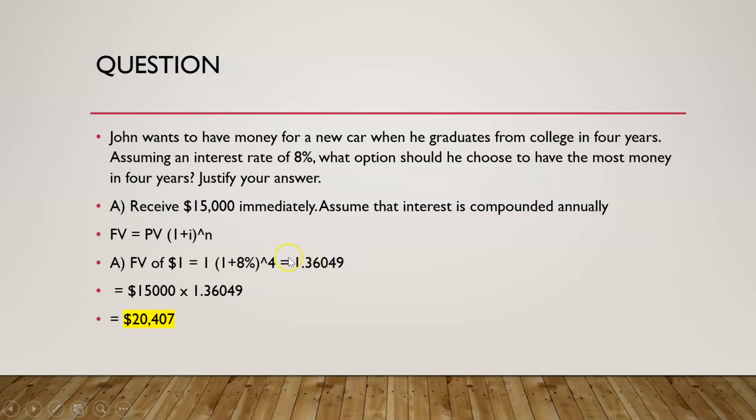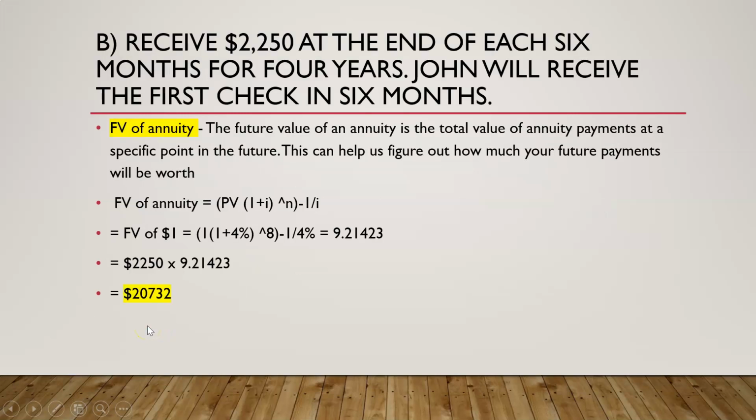Now this is the future value of $1 based on 8% interest rate in 4 years. So we multiply 1.36049 with $15,000, and it gives us the future value of $15,000 in 4 years, which is $20,407.